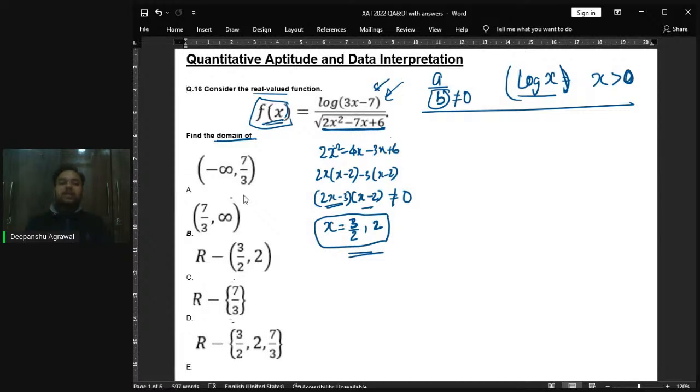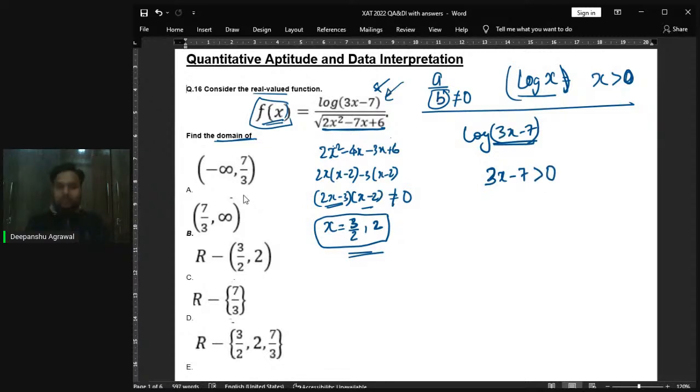Now let's look at the numerator. So numerator is log(3x minus 7). So this part should be greater than 0 for this to be a real valued function. So 3x minus 7 should be greater than 0.